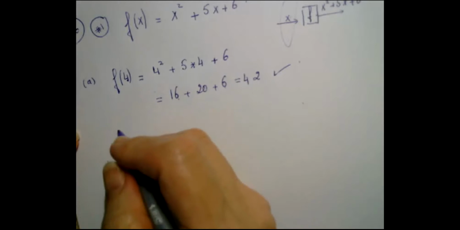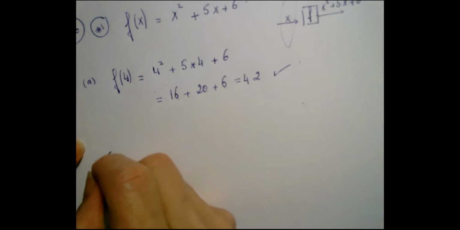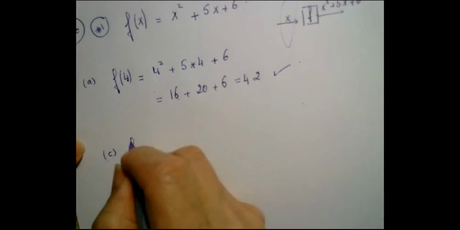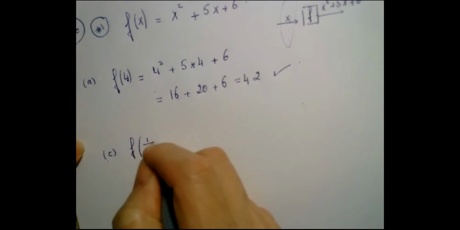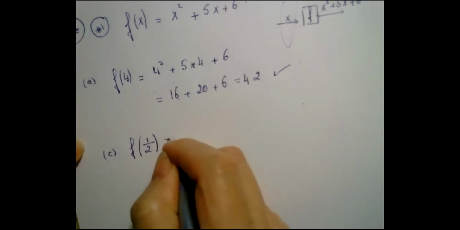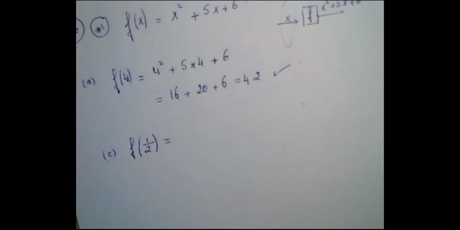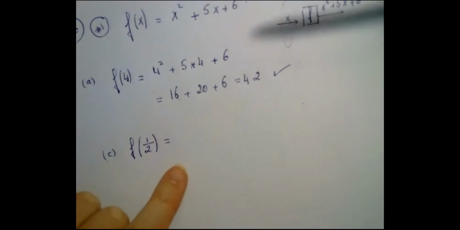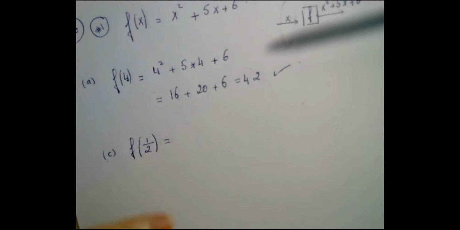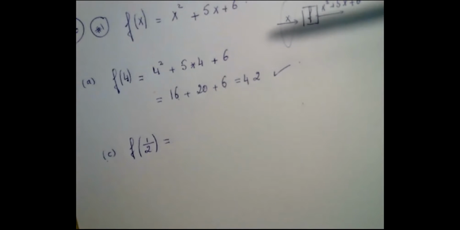Now, I will do C. f of 1/2. Okay, so this has a fraction, and here I want the answer to be one fraction. It means I don't want you to use decimals in this problem. The reason is I would like you first to practice how you work with fractions, and that's crucial.